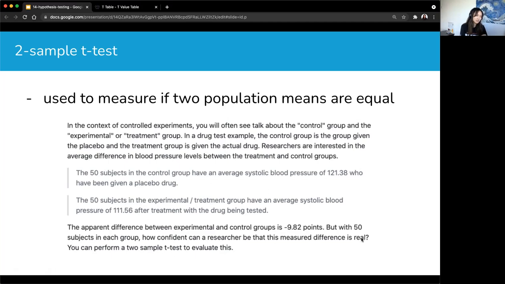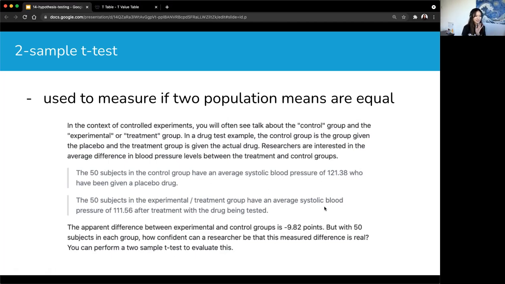But with 50 subjects in each group, how confident can a researcher be that this measured difference is real and not by chance? That is, not that it so happens that we have this group of subjects that just happens to already have lower blood pressure. Therefore, you might falsely claim that this drug is effective. Does that make sense?